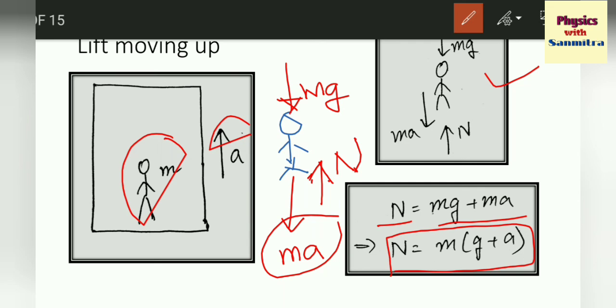So they will start feeling heavier in this case, because g plus a is heavier. Normally N was m into g, but now it is m into g plus a, so they will be heavier. So g effectively, or g dash, will be g plus a.